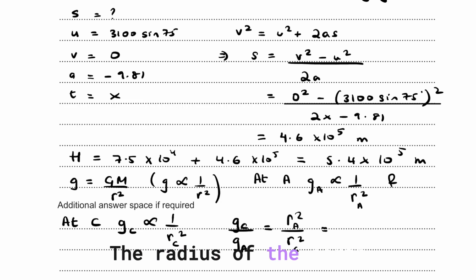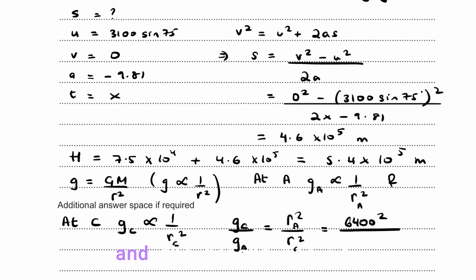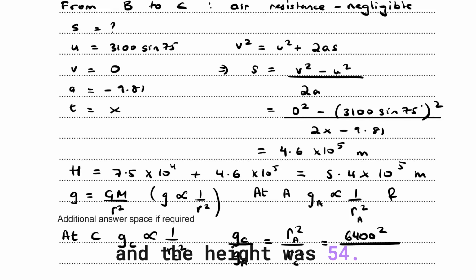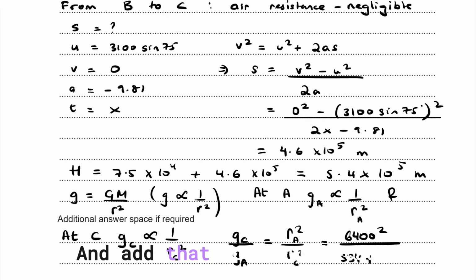The radius of the Earth is 6,400 kilometers, and the height was 534 kilometers originally, that's what I got, and add that to 6,400 because it is from the center of the Earth.